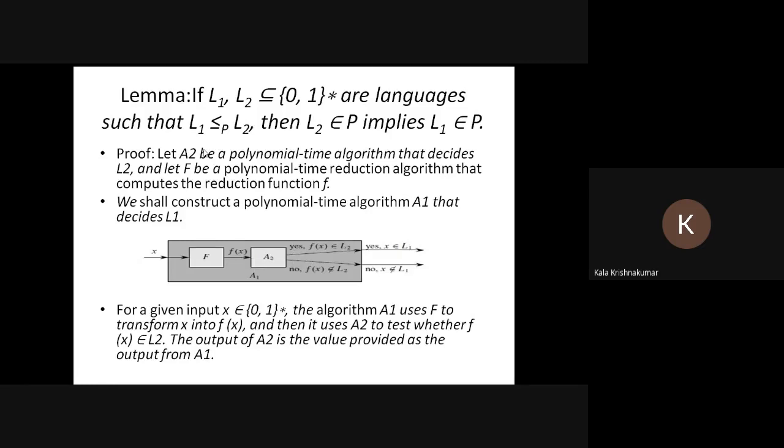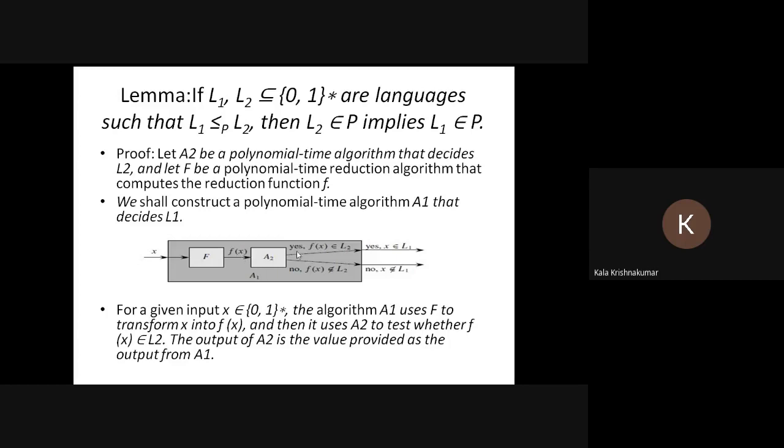So A2 is the algorithm that will decide L2. Okay, so f of x should be an instance of L2, or a string in L2. So x must be a string in L1. Okay, so we are feeding that to this reduction algorithm, and that gives you f of x, which is an input, a string from L2, and that is given to the solution. This A2 is actually the algorithm to solve this L2.